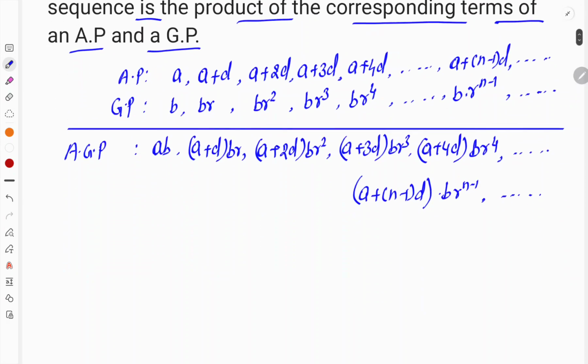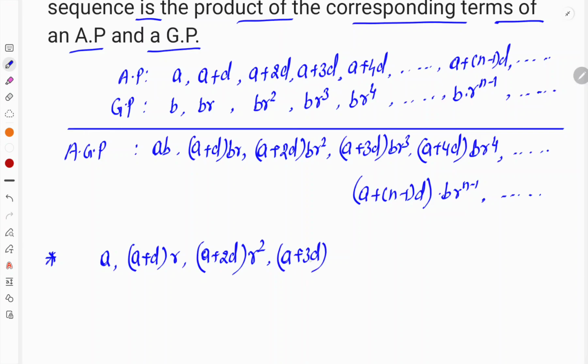Now, if I divide all these numbers by B, then what will we get? The sequence will have A, A plus D into R, A plus 2D into R square, A plus 3D into R cube, and the nth term A plus (N minus 1) into D into R power N minus 1.